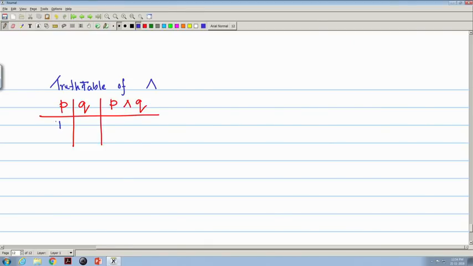Both can be true, then P and Q is true, because it is AND. If true and false, the conjunction of P and Q is false.